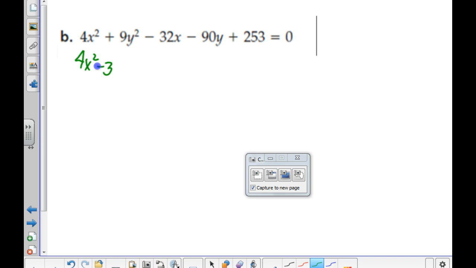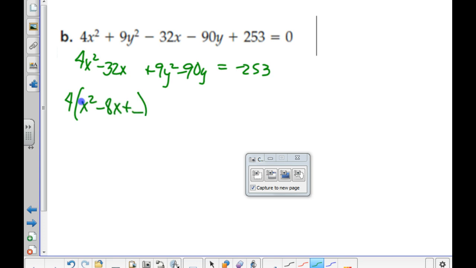I'm going to rearrange. And then I need to factor out a 4 out of these first two. What does that leave me? Plus blank. What do I need to take out of these second two? A positive 9. This one doesn't have a negative to worry about.